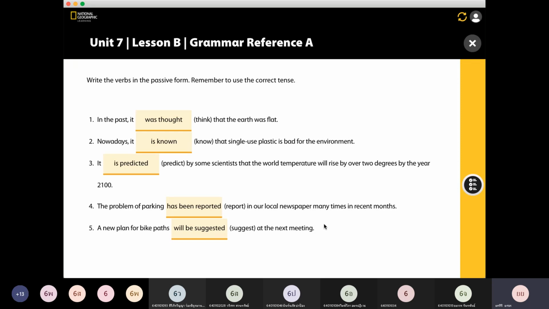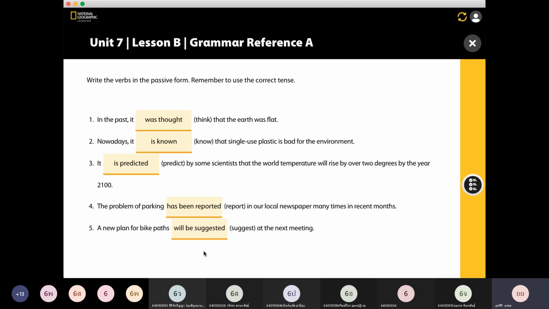Are being suggested is more determined, and present continuous focuses on the current duration.